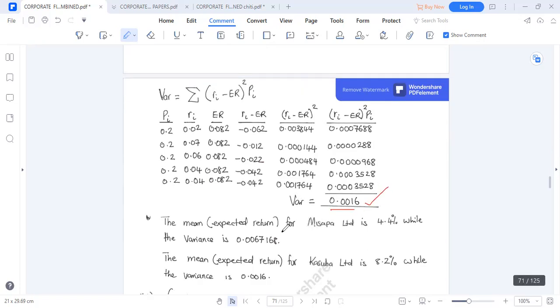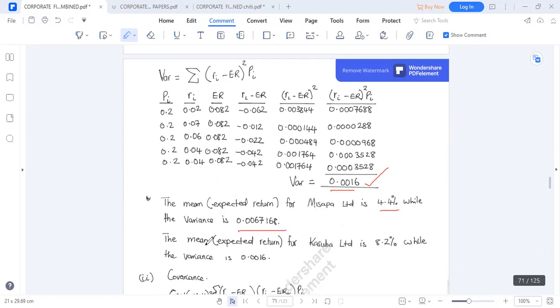So in this case, we found our mean or expected return for Misapa as 4.4%, since we found 0.044, and the variance at 0.067. And the mean for Kasuba as 0.082, which is the same as 8.2%, and the variance for Kasuba is 0.016, which we just found here, or 1.6%.